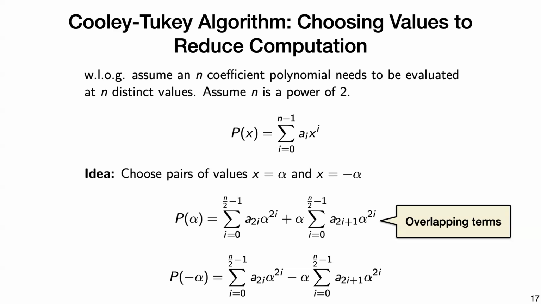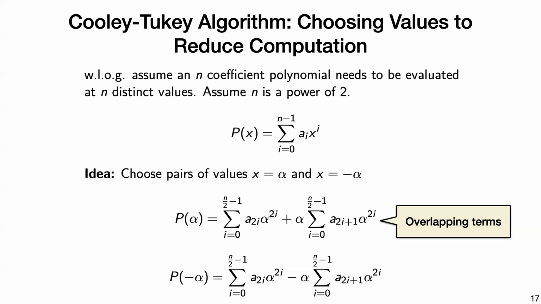And if you look at the negative case, with negative alpha, the first half of all the even terms is the same, because the powers are all even. If you raise anything to an even power, you would get something positive. So these are all positive. And this second part is just flipped.